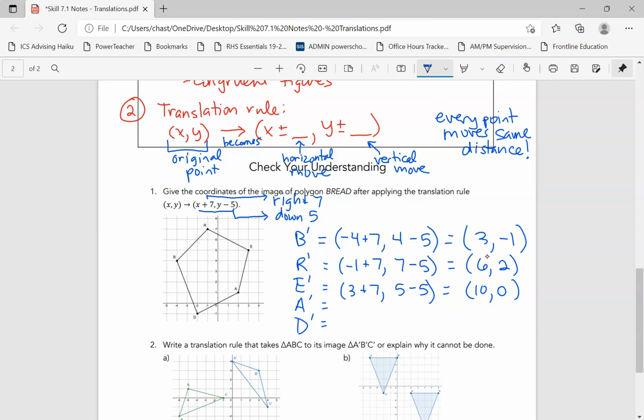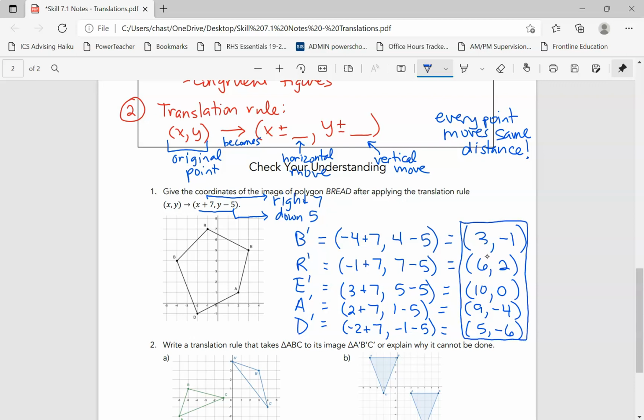A was originally at 2, 1, so we have 2 plus 7 and 1 minus 5, which gives us 9, -4. And then finally for D prime, D is at -2, -1, so we go -2 plus 7 and -1 minus 5, which gives us 5, -6. So those are going to be the new points for the new figure once it's translated.